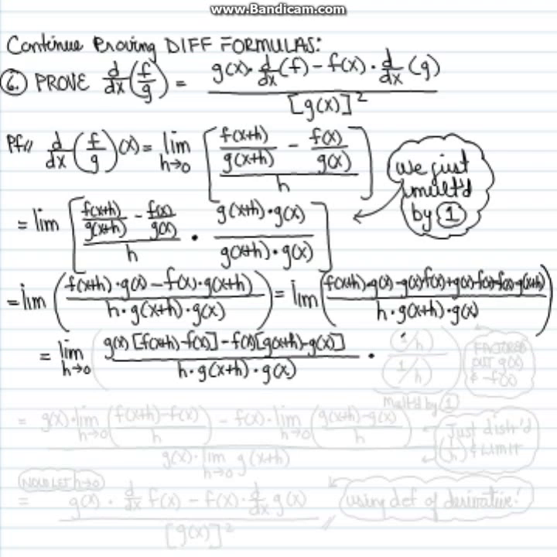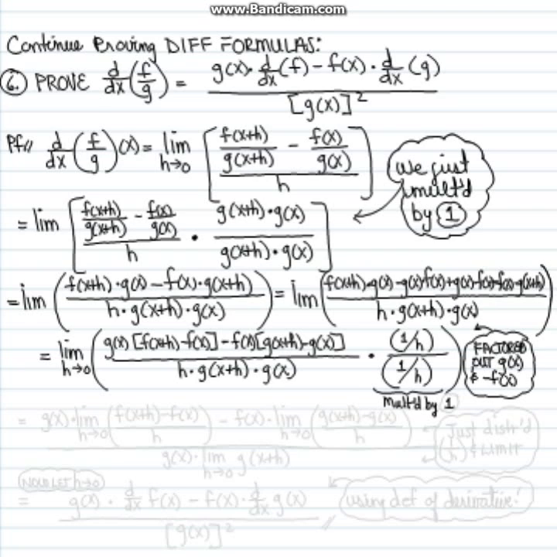Now another trick: we're going to multiply by another strange form of 1, h over itself. We're trying to set this thing up and we have not done anything illegitimate yet. So here we just factored out the g of x and the negative f of x, and we also multiplied by that strange form of 1, h over itself.